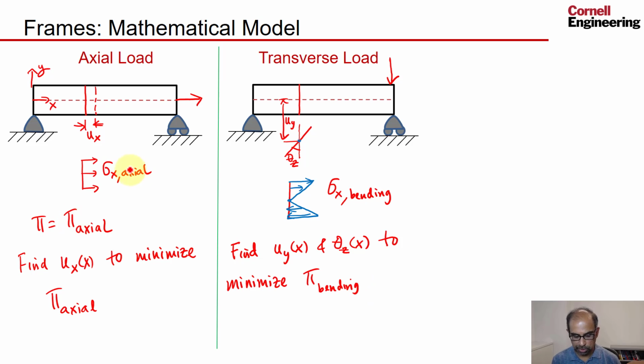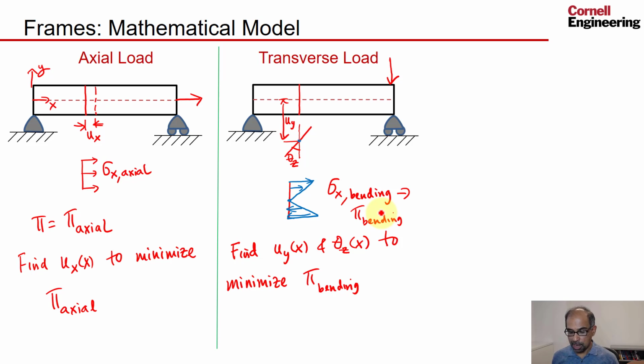Similar to being able to find the potential energy once you know the stress, once you know the bending stress here, you can find the potential energy due to bending, and then you need to minimize that.